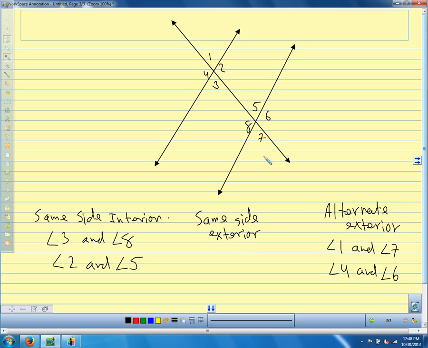So angle 4 and angle 7 on this side of the transversal. And angle 1 and angle 6 on the other side of the transversal. So we're just giving names to these angle pairs that show up a lot when we talk about lines and transversals.